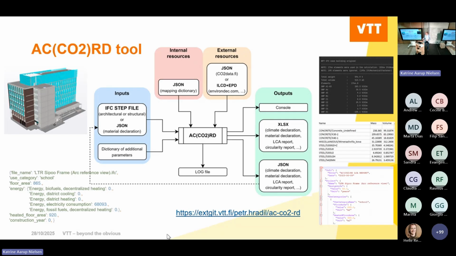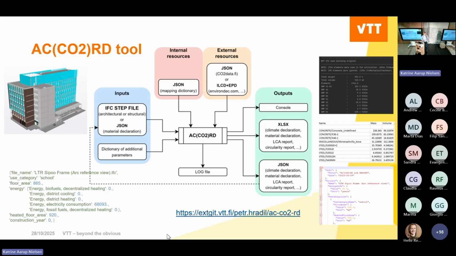We have a tool to calculate step by step from IFC how much the LCA calculations are. You may find it for free to put into use at this address, on GitHub. But as I mentioned, it doesn't have a user interface, so you have to have a program or a developer or a product to implement it into, but you are free to explore it because it was carried out with money from the EU.